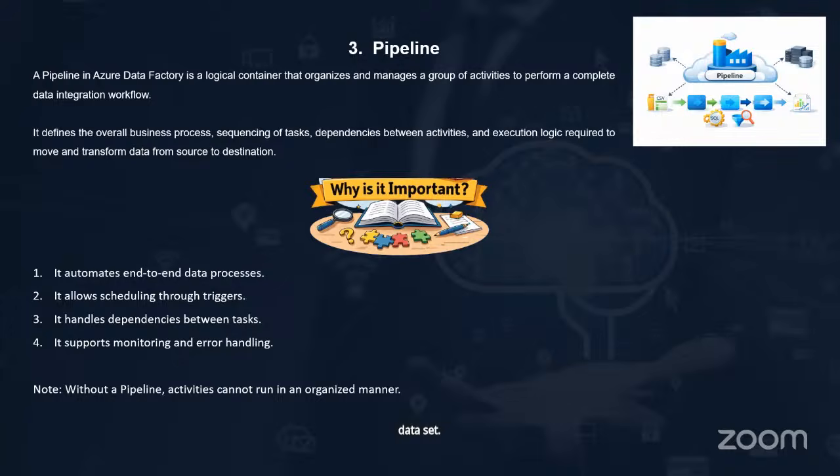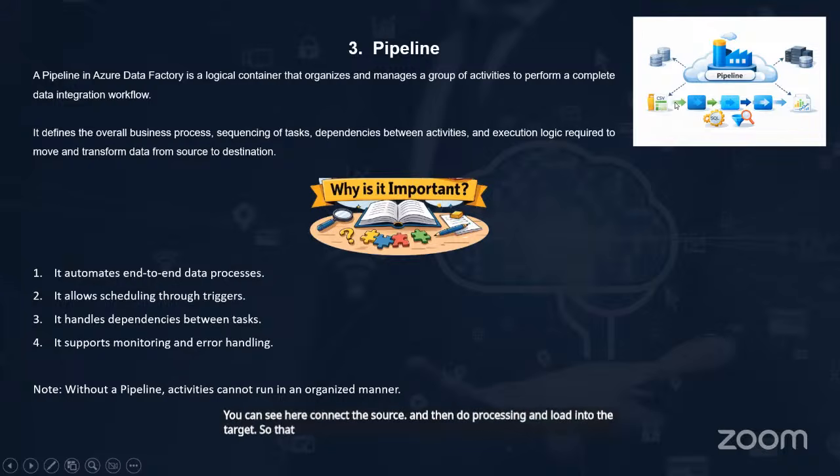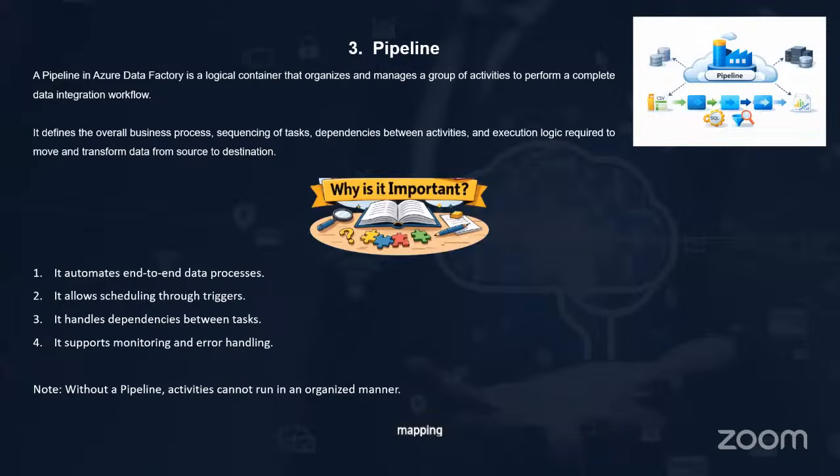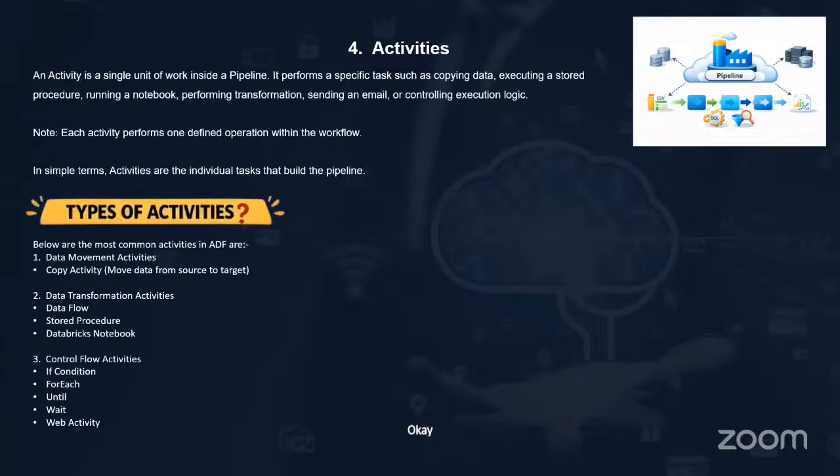Now, when we create the mapping, you can see here, we connect the source, then do processing and load into the target. That whole process you have to create is called mapping, and on top of that, if we have to run the mapping, we create a pipeline.